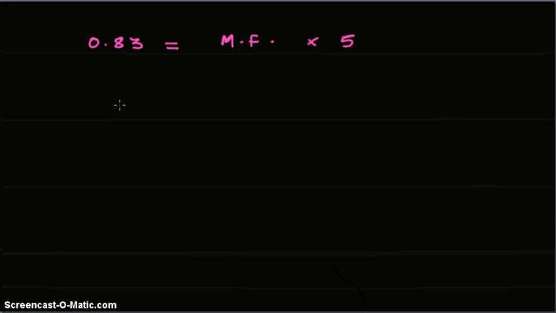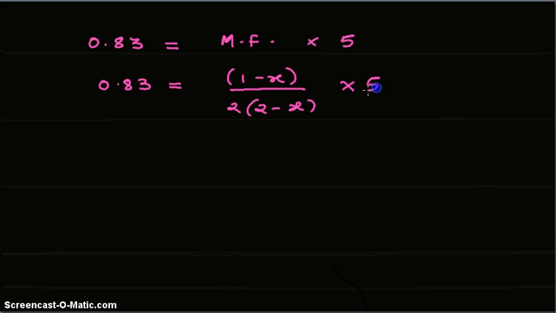Rewriting that again, 0.83 is equal to 1 minus x divided by 4 minus 2x, multiplied by 5.